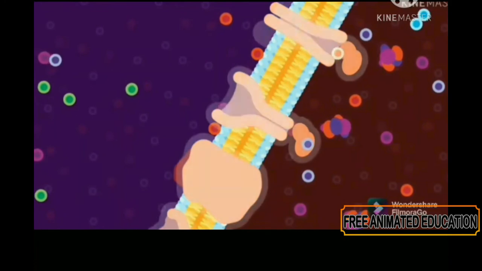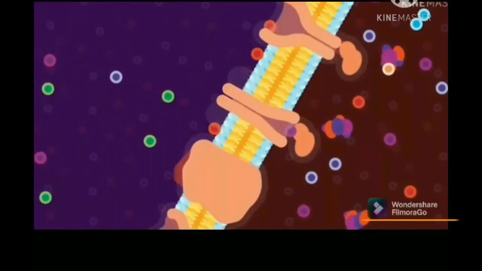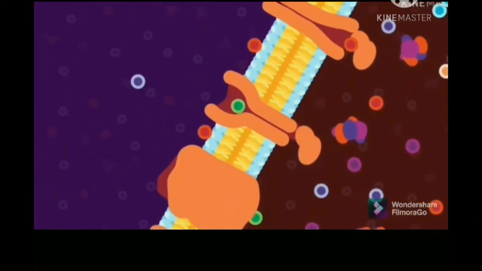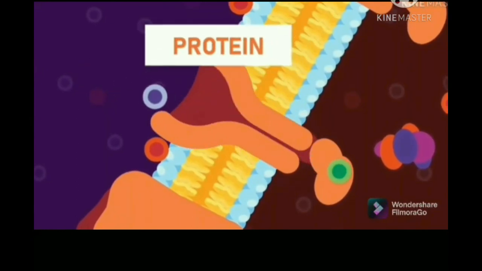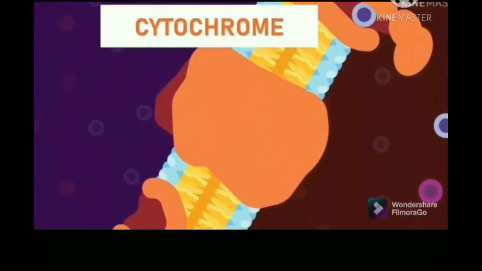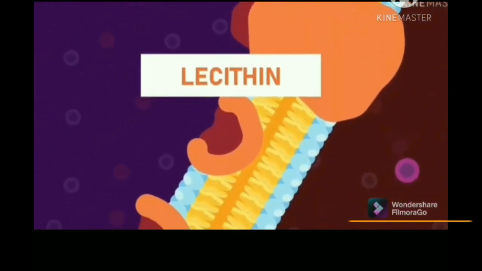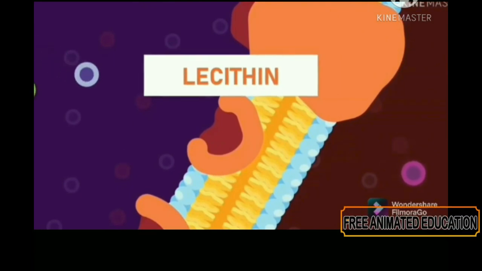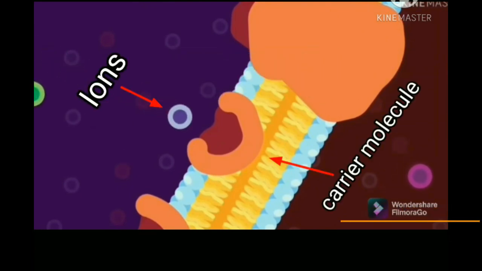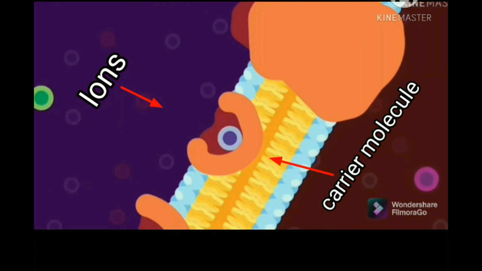According to the carrier concept theory, the movement of ions across a membrane is mediated by special carrier molecules present in the membrane. These carrier molecules are usually proteins, but they can also be cytochromes or lecithin. Generally, a carrier molecule works by binding ions to form a carrier-ion complex, causing a change in the conformation of the carrier molecule.